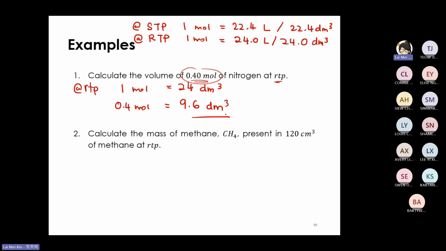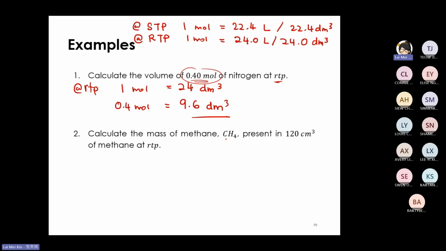Make sure that your unit is correct. All right, I tried the first one. Can you guys try question 2 and question 19? I slowly do, you guys do quickly and try to solve it on your own.